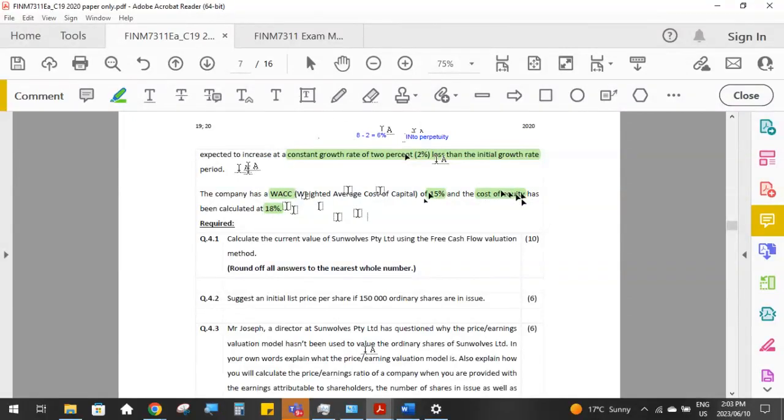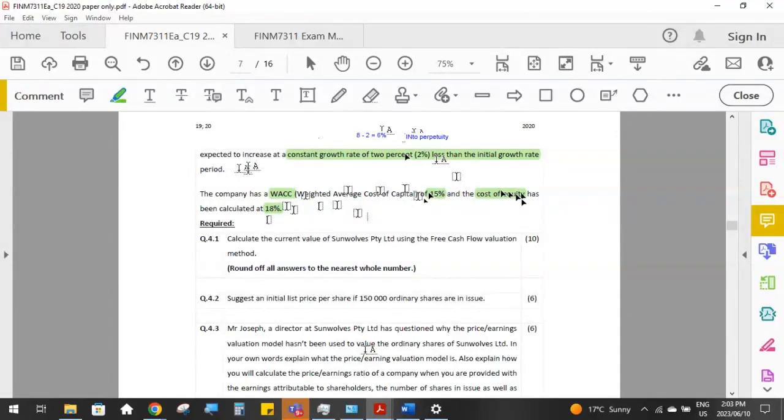So again, this is very important that you know the distinction between, in this question, do you use the WACC of 15%, or do you use the cost of equity of 18% to discount your cash flows to calculate the present value?